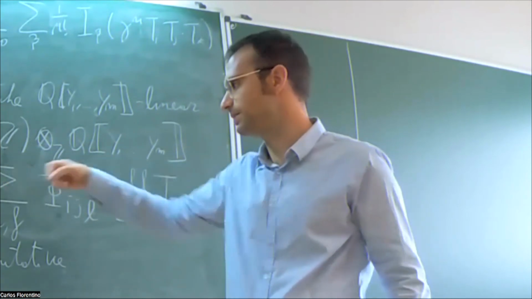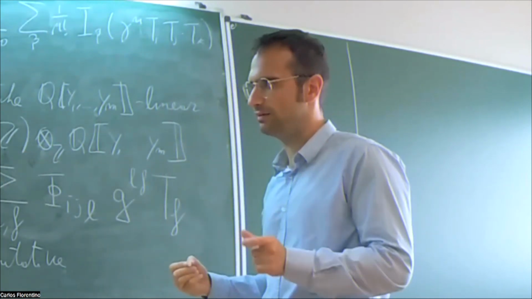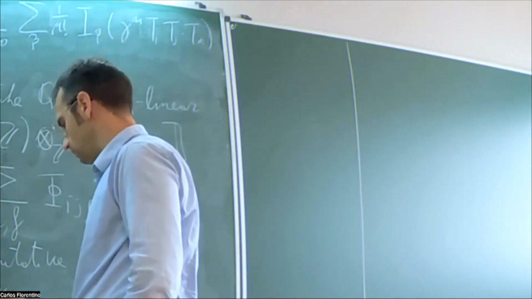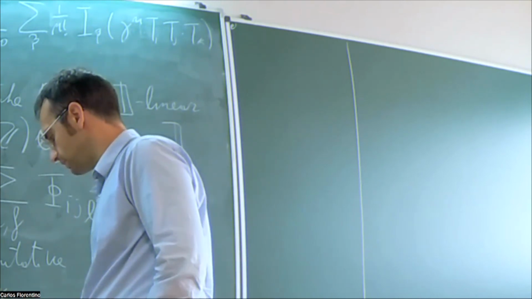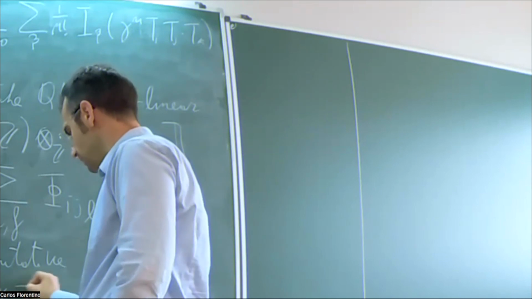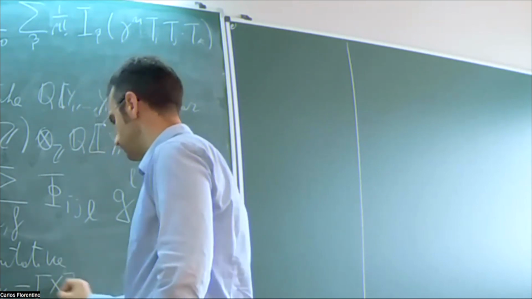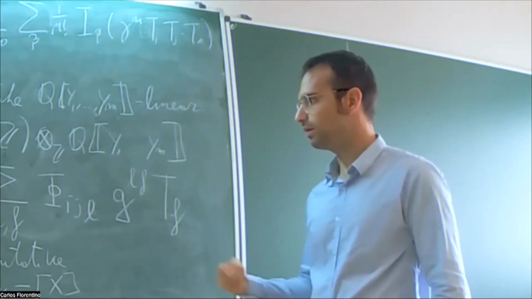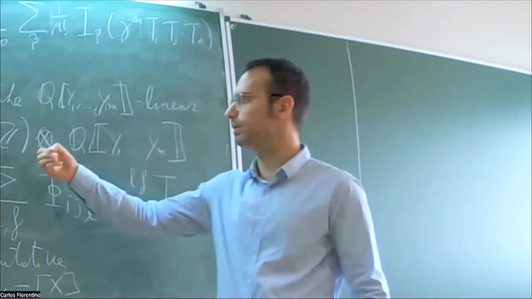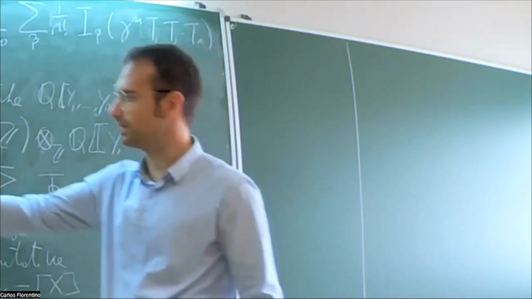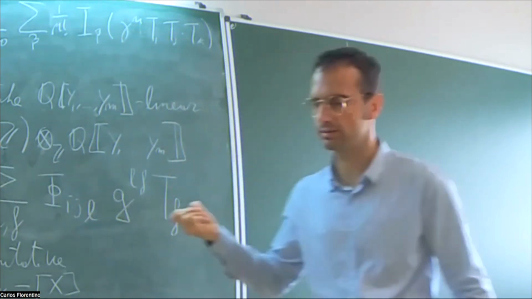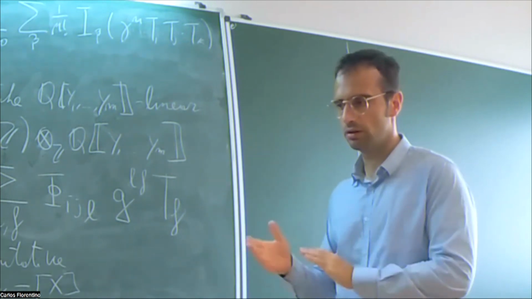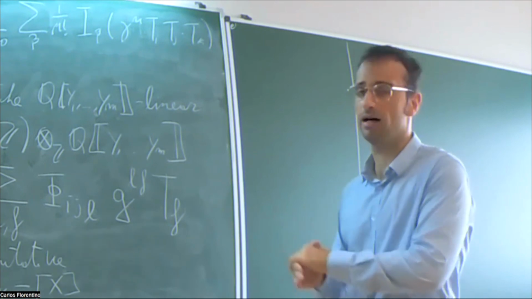But who is the neutral element with respect to this operation? The element such that multiplying by it changes nothing is exactly the class of X. So something in common between the natural operation here and the star operation is that they have the same neutral element. Next time we will see that it's also associative, and this is the hard part.